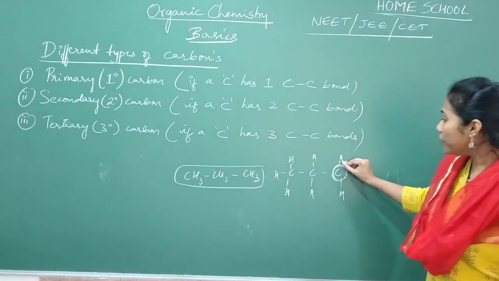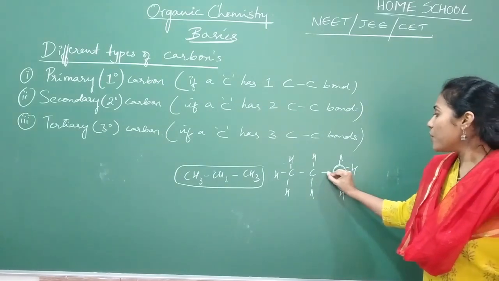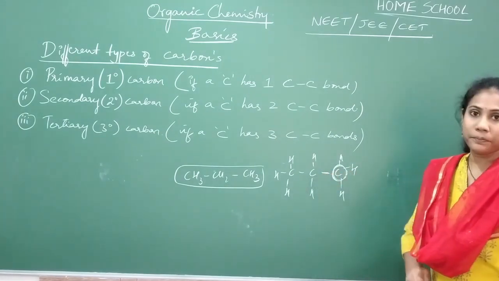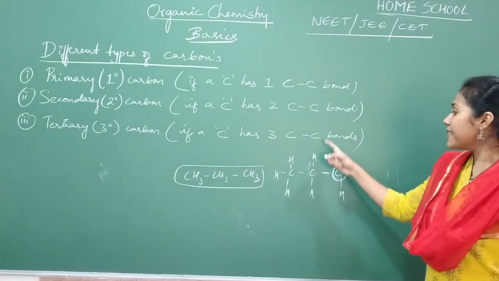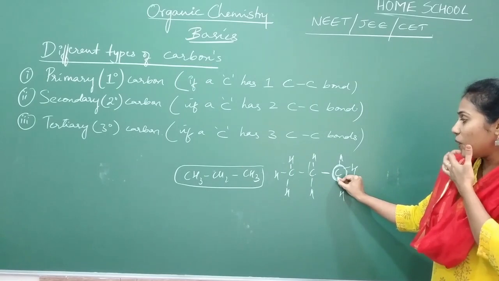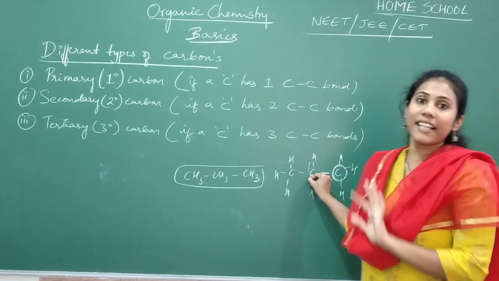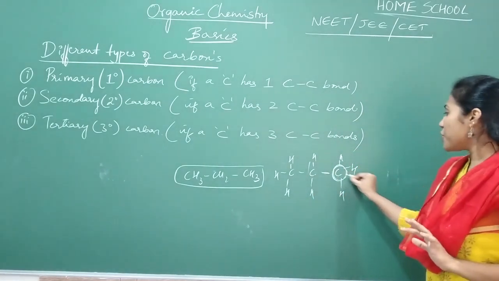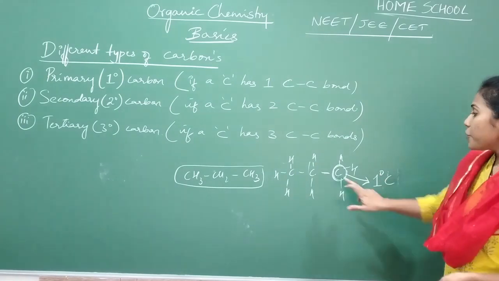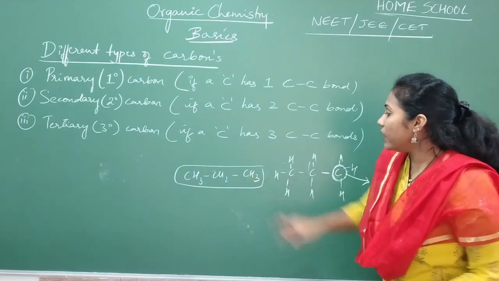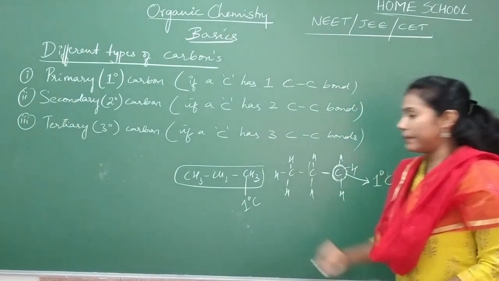Among the 4 bonds, 3 are with hydrogen, so there is only one bond with carbon. This is what we call a C-C bond. This carbon shows only one sigma bond with an adjacent carbon atom, so we call it a primary carbon. In this molecule, this particular carbon is called primary carbon.